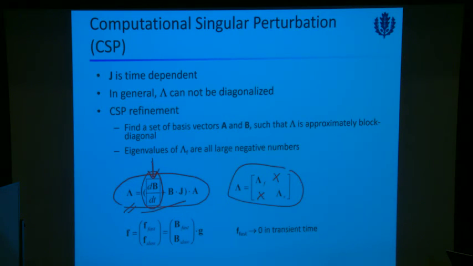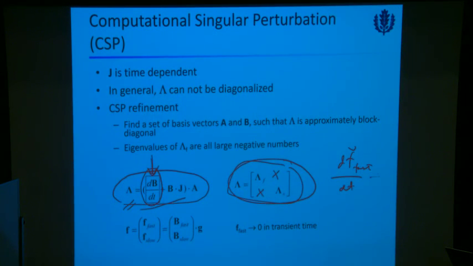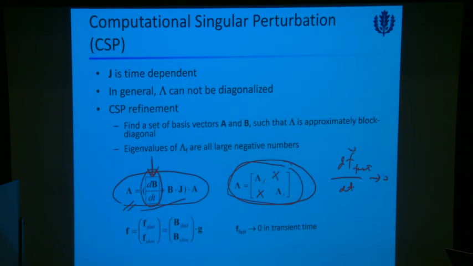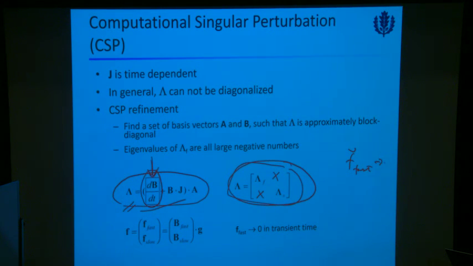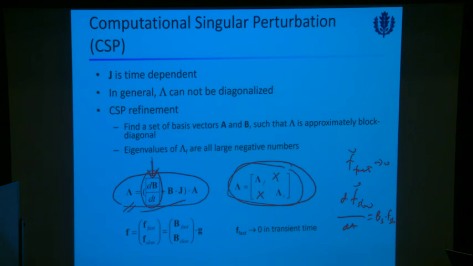So if you have this structure, what you can get is df fast dt goes to 0. Oh no, no, not d this. It's just the f fast mode goes to 0 very quickly. Okay, so you still need to solve this df slow dt, which is b slow times f slow.